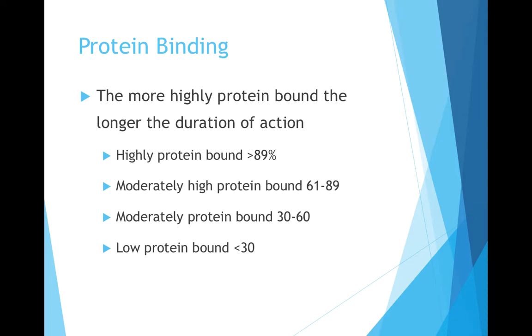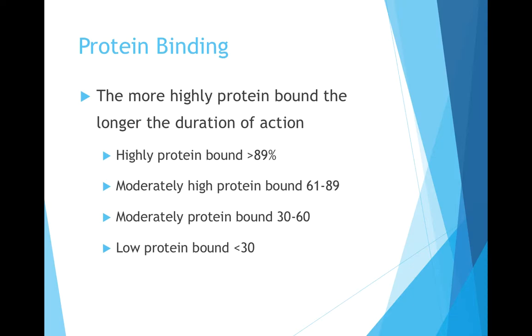The more highly protein bound, the longer the duration of the drug. So it's a slower process the more highly protein bound it is, and we have to consider that when we're thinking about which medications we're giving and how long it's going to take for us to see a therapeutic effect.